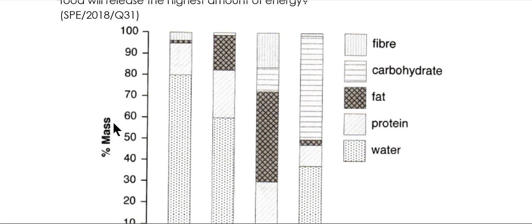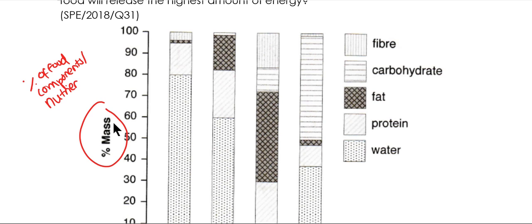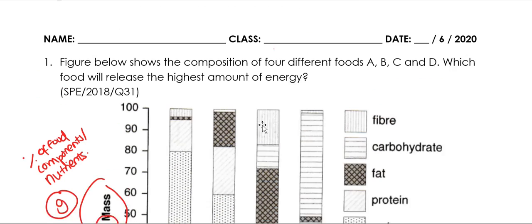Percentage mass here would definitely refer to the percentage of food components, or you can say the food nutrients as well. So instead of grams, we're looking at percentage.